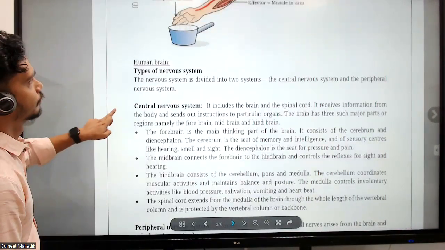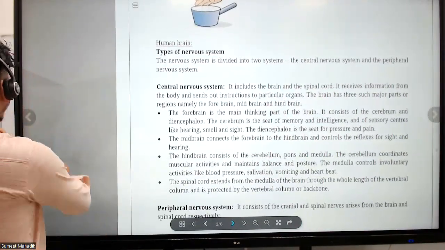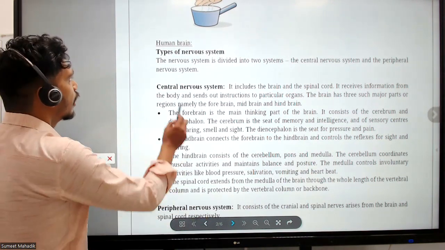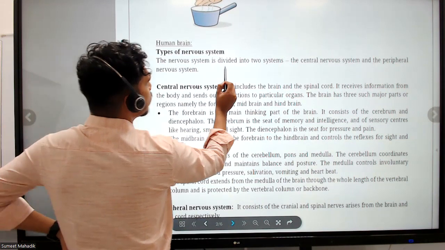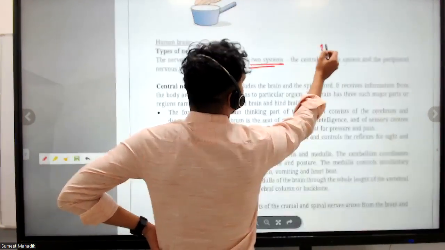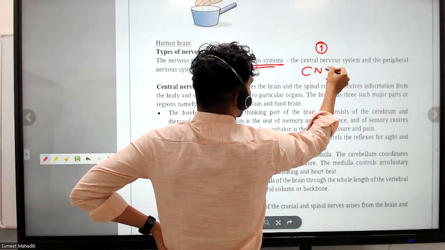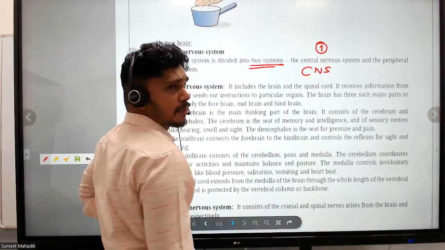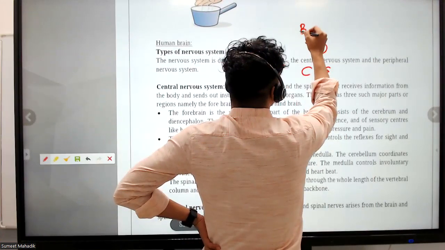Now the human brain. When you talk about the human brain, can I say it's a CPU, as per the computer? Types of the nervous system. The nervous system is divided into two types. The central nervous system is called the CNS. Centrally, the brain and spinal cord are part of the CNS. What will cover the CNS?